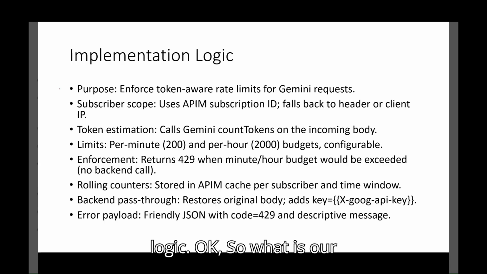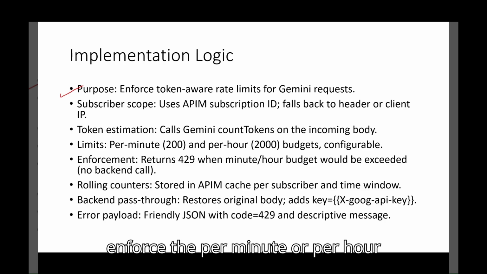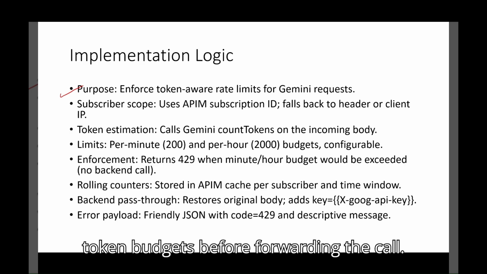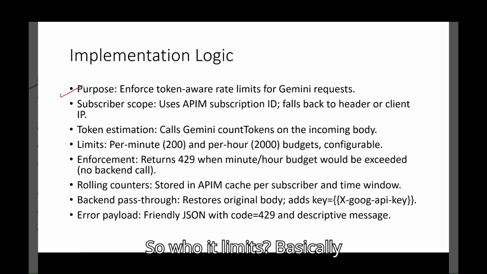So what is our purpose? The basic idea is to estimate how many tokens your request will consume, and for that, we will be using Gemini's count tokens API. Then we will enforce per-minute or per-hour token budgets before forwarding the call. So who does it limit?